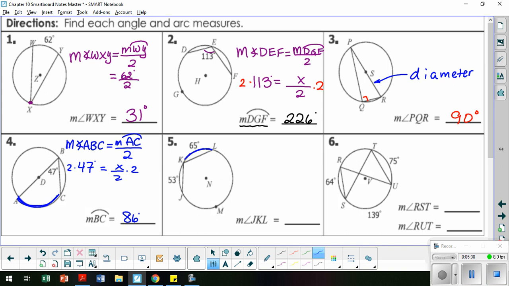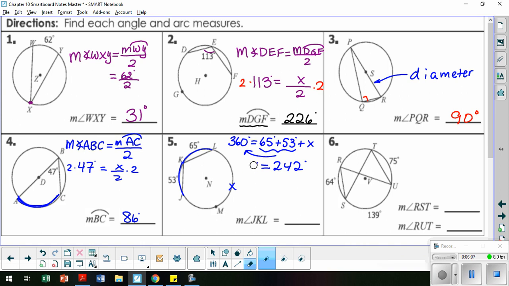If KL is 65 and KJ is 53, how much does the circle add up to? 360. So we know that 360 degrees is going to equal 65 degrees plus 53 degrees plus x, and I'm going to make this one over here x. How do we solve? We subtract all that good stuff. Take this, subtract it there. So we know that x ends up being 242.